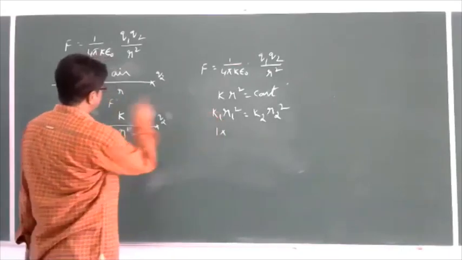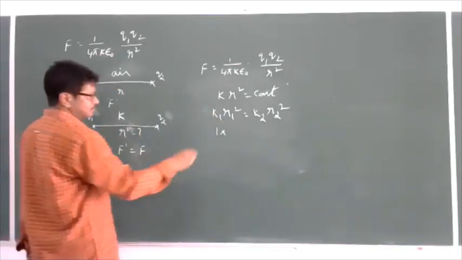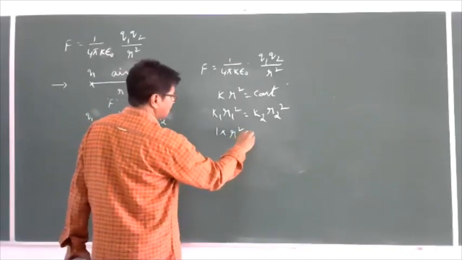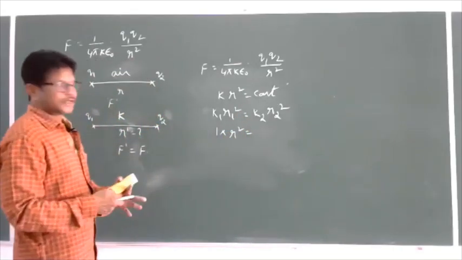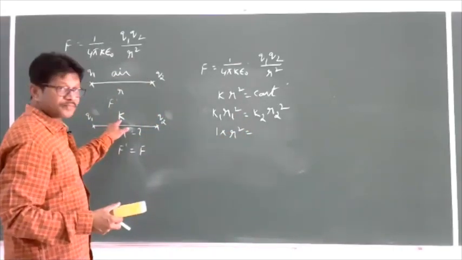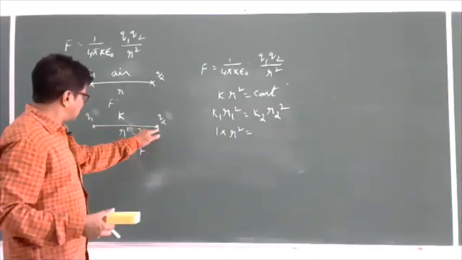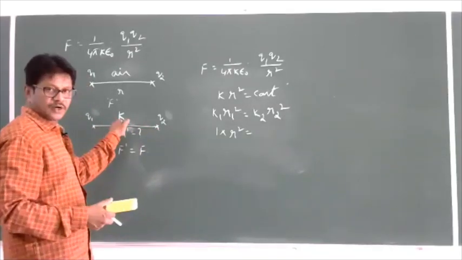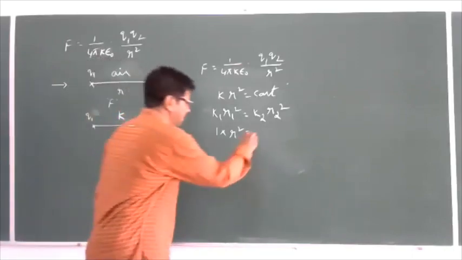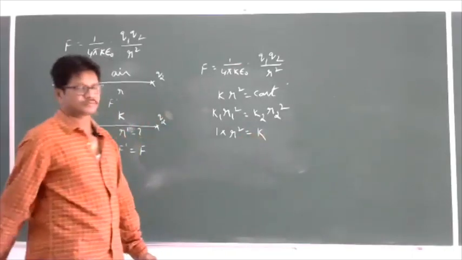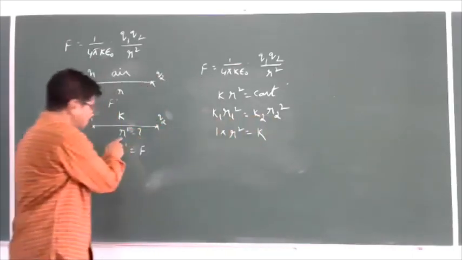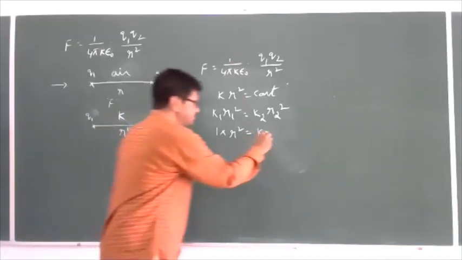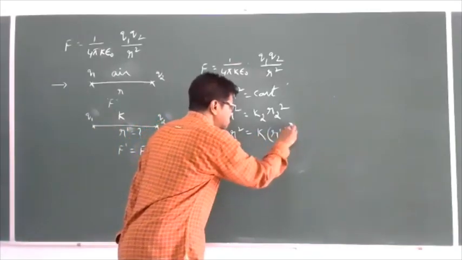Here R1 is equal to R. So 1 into R square is equal to K2, the dielectric constant in the second case, which is K, times R2 square, where R2 is R dash.